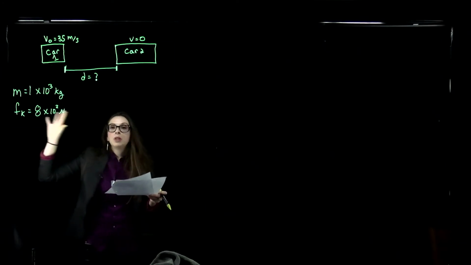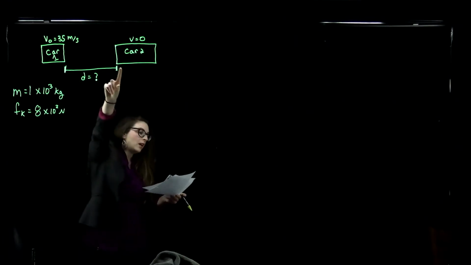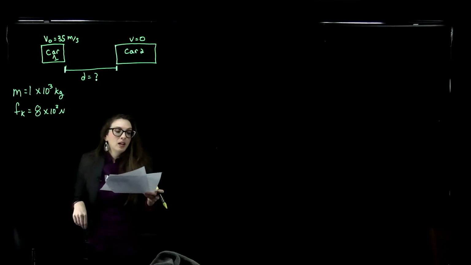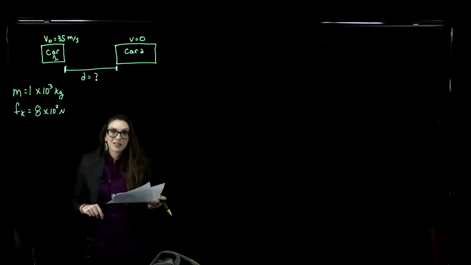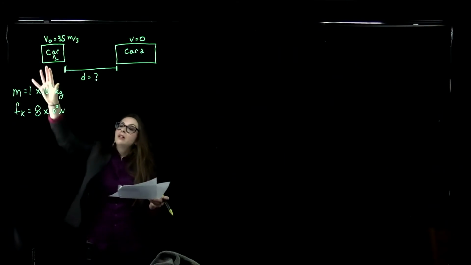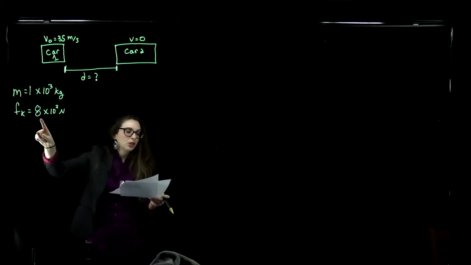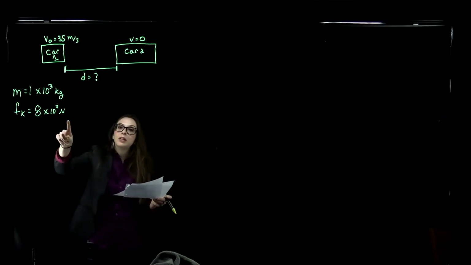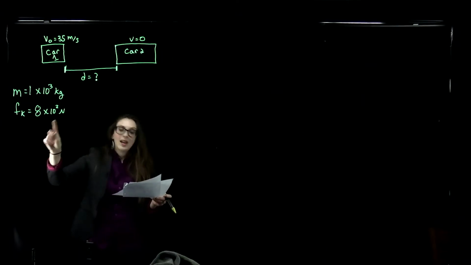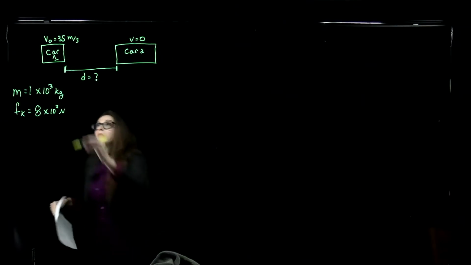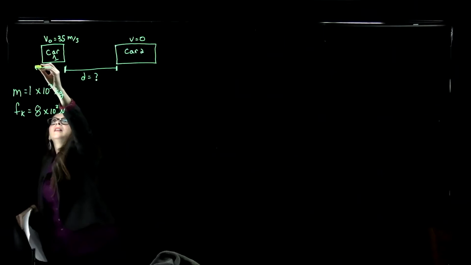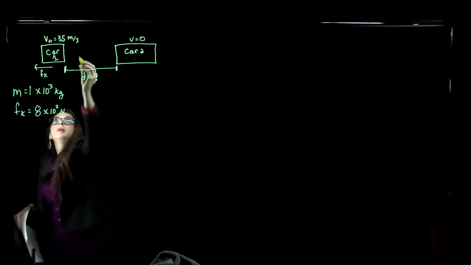It slams on its brakes to avoid hitting a second vehicle in front of it, which has come to rest. After the brakes of this car are applied, a constant friction force of 8 times 10 to the 3 newtons, that's 8,000 newtons, acts on the car. That friction force is opposite our direction of motion.